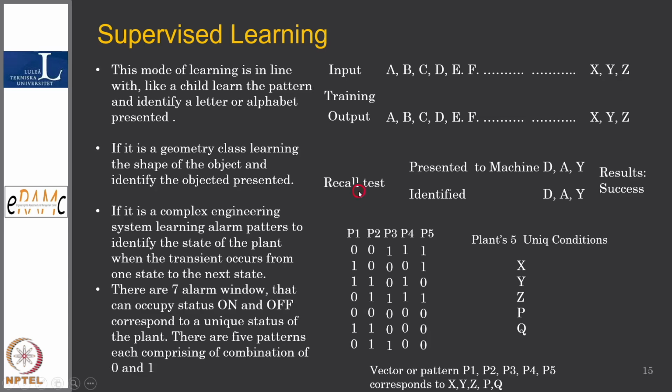Okay, so now let us try to imagine what supervised learning is. The inputs are A, B, C, D, X, Y, Z, whatever, and the output is identification of A, B, C, D, X, Y, Z. Input, training, and output identification: all characters have to be identified.